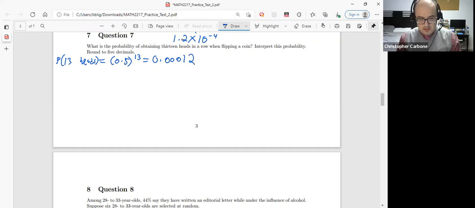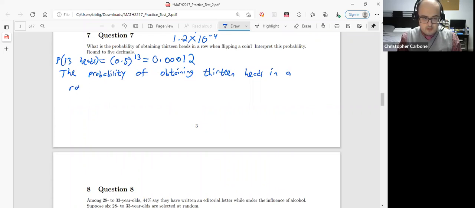So written, the interpretation of this would be the probability of obtaining 13 heads in a row is 0.00012.